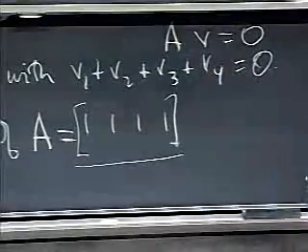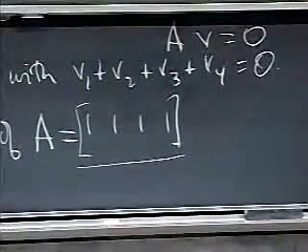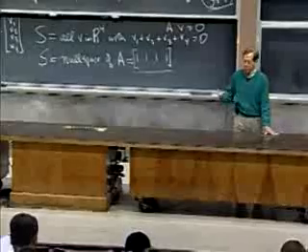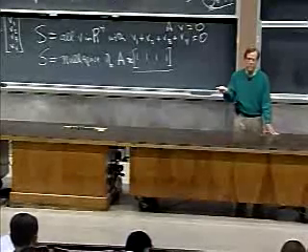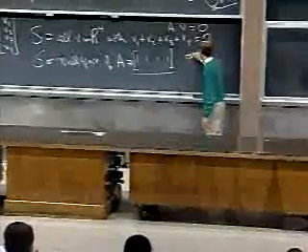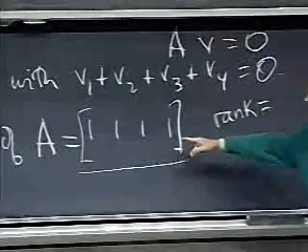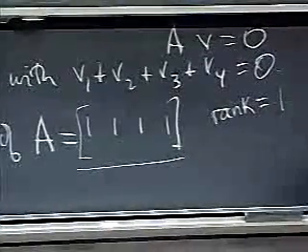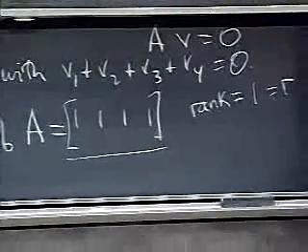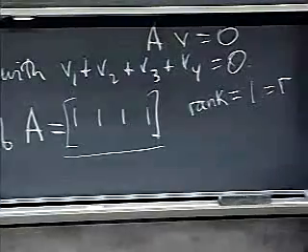Okay, let's just say we've got a matrix now. We want its null space. Well, tell me its rank first. The rank of that matrix is 1, thanks. So r is 1. What's the general formula for the dimension of the null space?